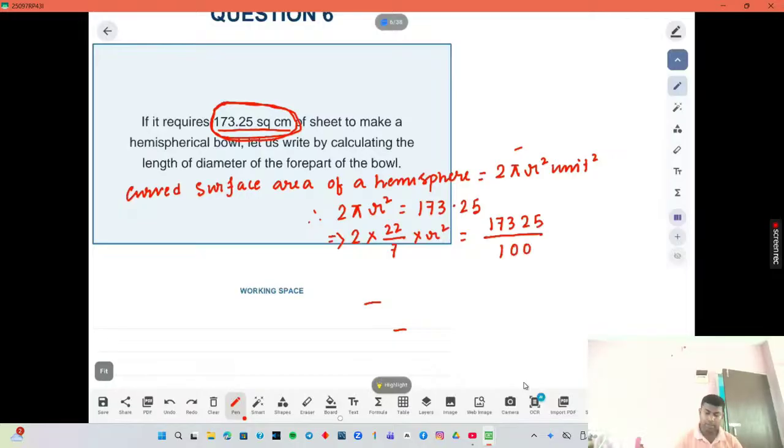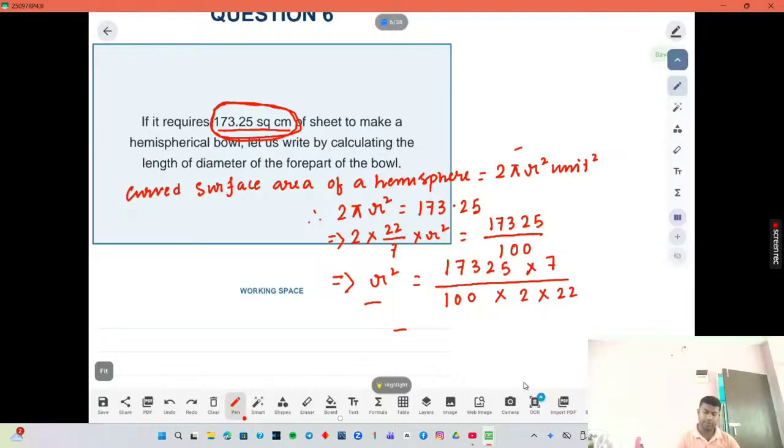Now we will calculate. r square is equal to 17325 into 7 divided by 100 into 2 into 22.